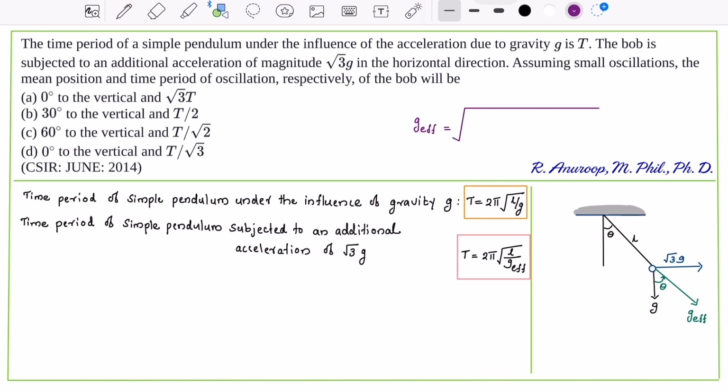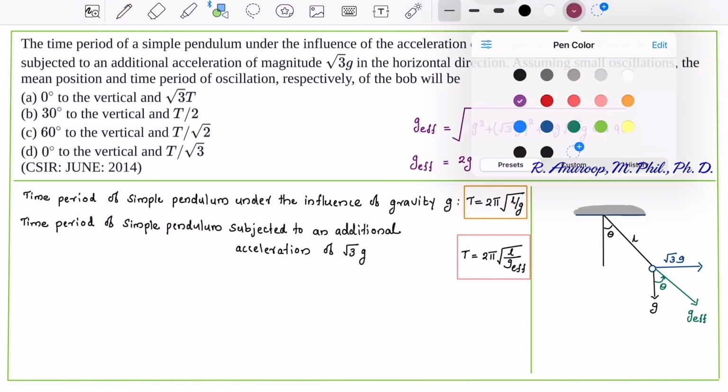We have the expression for g effective as root of g square plus root 3g whole square plus 2 into g into root 3g cos 90, and that is equal to 2g. That is, g effective is equal to 2g.